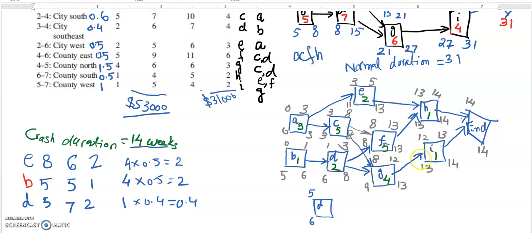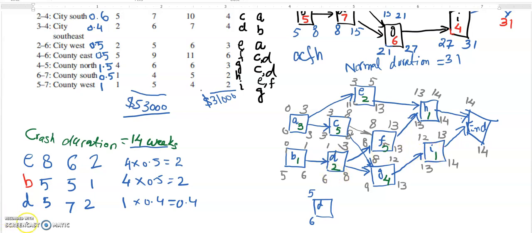So G and I's slack will also be shared. And since G gives us more savings in case of relaxation of the activity, we will choose G. Okay, so once we choose G for 1 day of relaxation, which is the maximum available, there will not be any slack available in I.